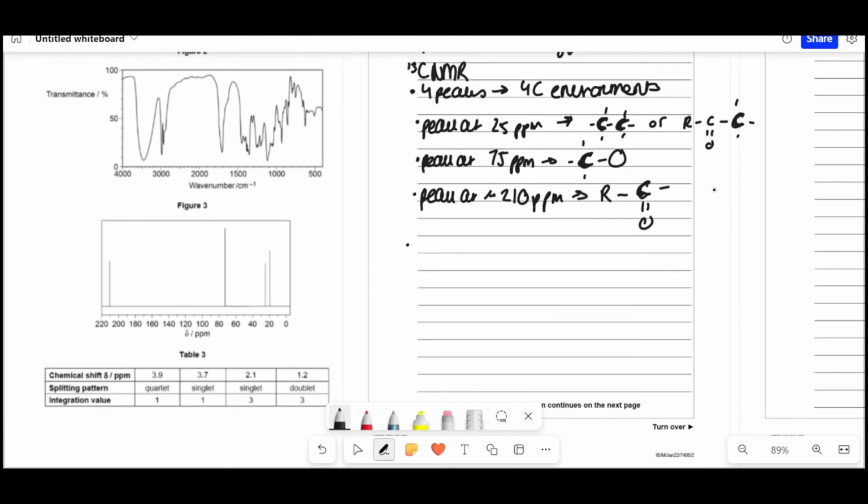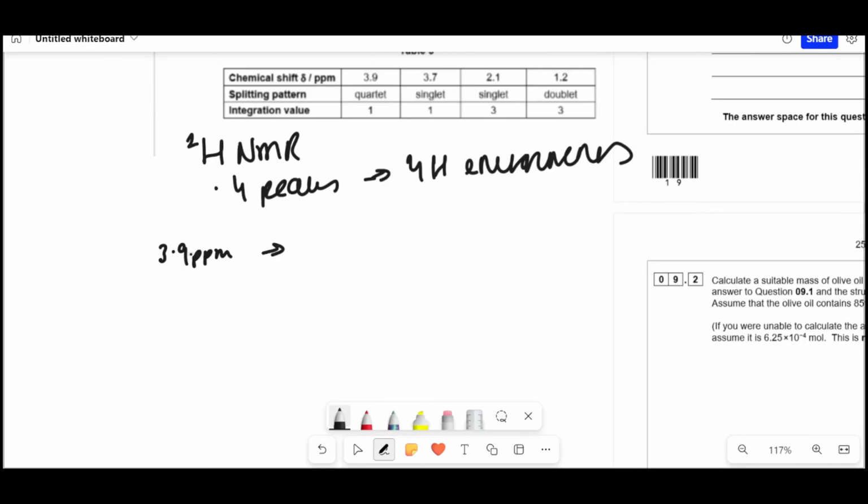Fine. Next, let's look at our proton NMR spectrum. Obvious first thing off the bat is we know that there's 1, 2, 3, 4 overall groups of peaks. So 4 peaks means that there's 4 hydrogen environments. Okay, so we've got a peak at 3.9 ppm. Now, if you look at the data sheet, I'll copy and paste it here so you can see.